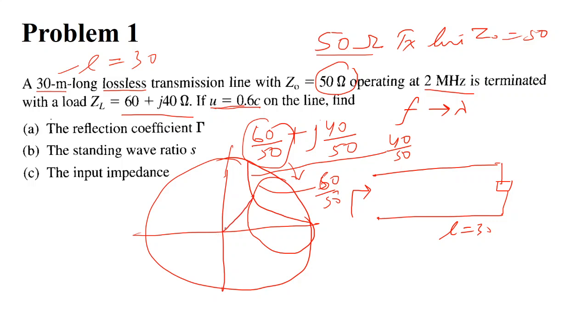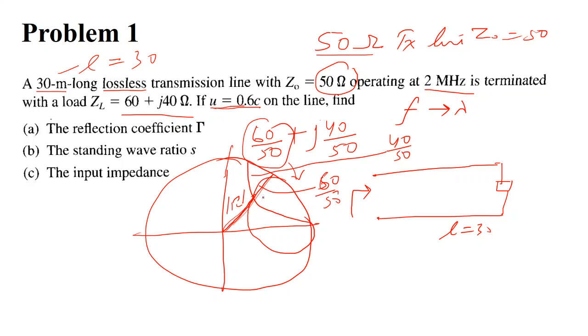You know that this length is 1 if you have a unit circle here, and this point will be your gamma L. Using the protractor or scale, you can measure this length over this length.